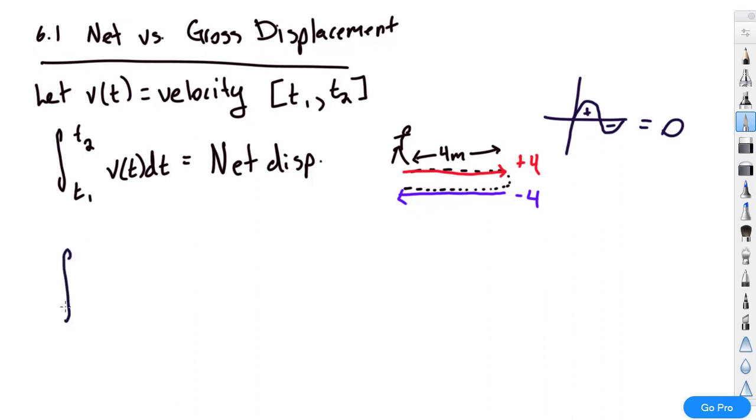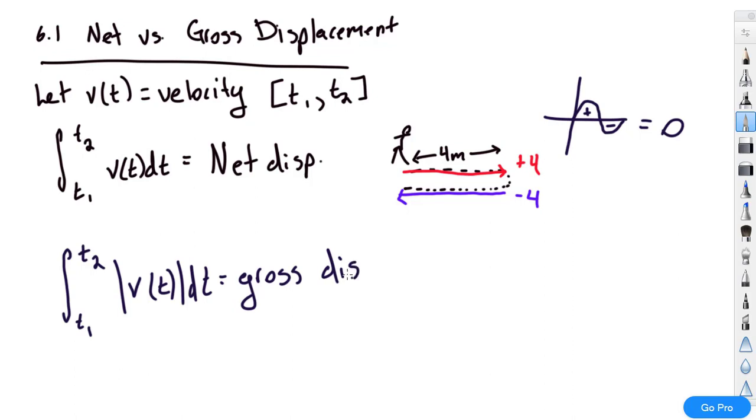Now, if we look at not the velocity function, but the absolute value of the velocity function, then we are going to get their gross displacement. You can also think of this as a total distance.